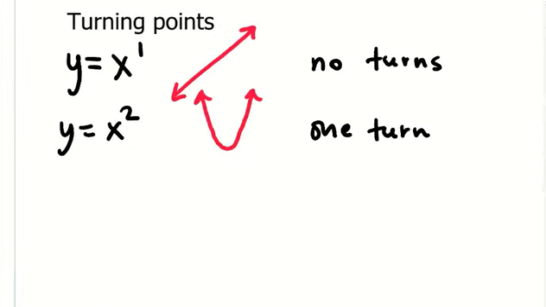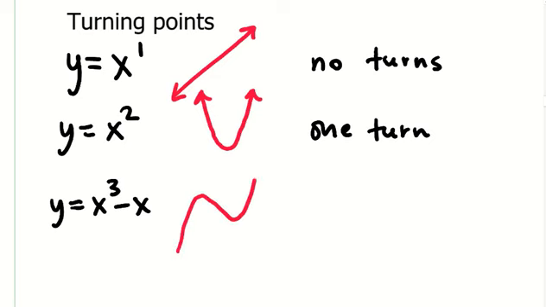So what I'm saying is that degree 3, so something like x to the third minus x, I can just tell you that's going to have a shape like that. That has 2 turns. But it could also have no turns. Okay, that's entirely possible as well.